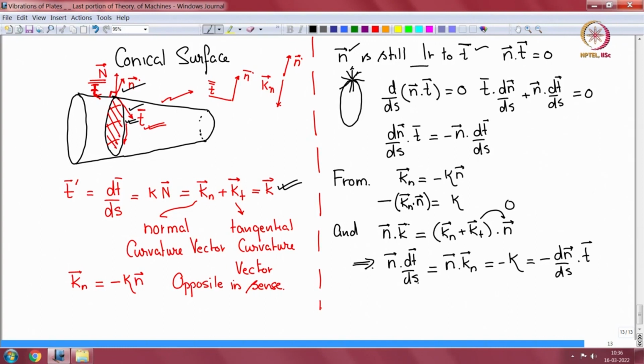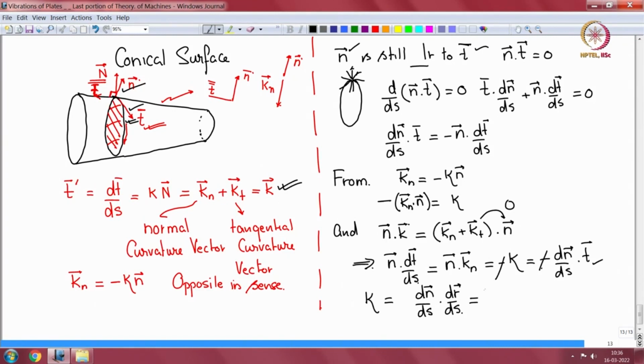So therefore my kappa is equal to dn by ds dotted with dr by ds. dr by ds is t, the tangent, please remember.